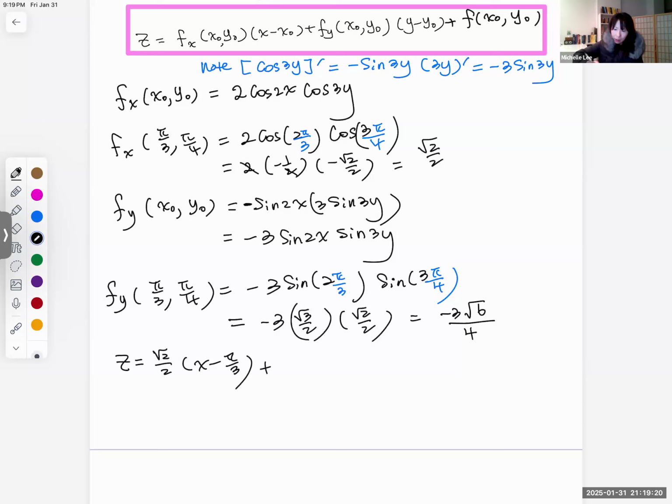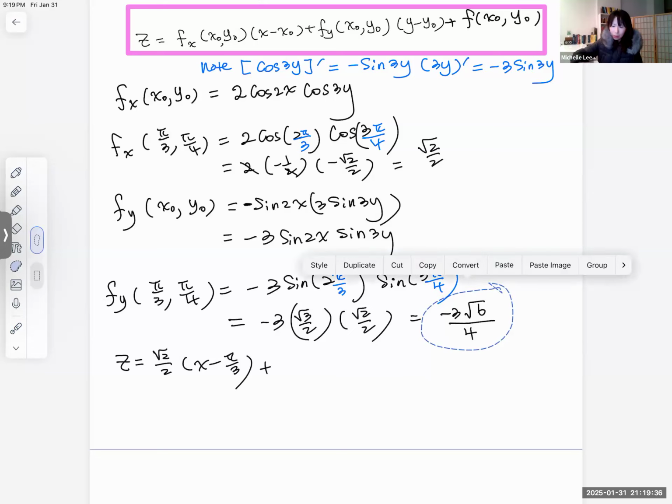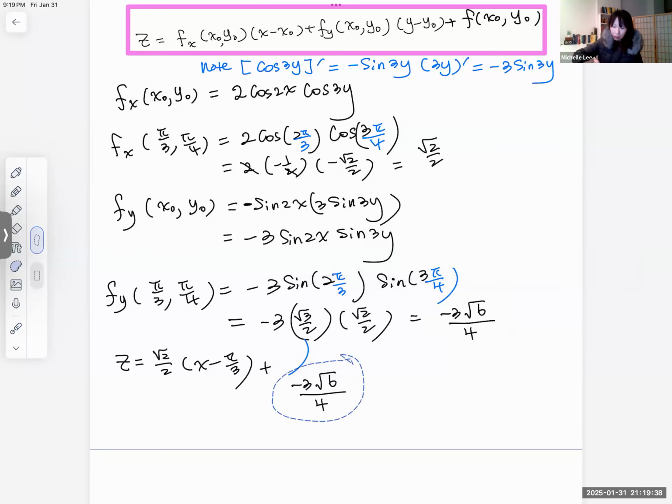And plus partial derivative with respect to y when x naught, y naught. So we have negative 3 square root of 6 over 4, right?